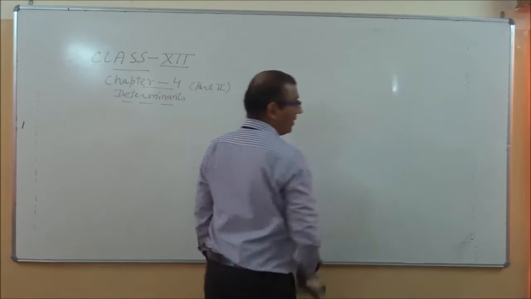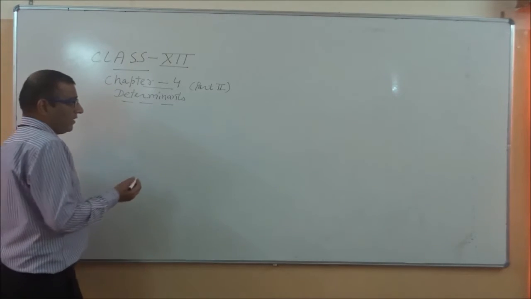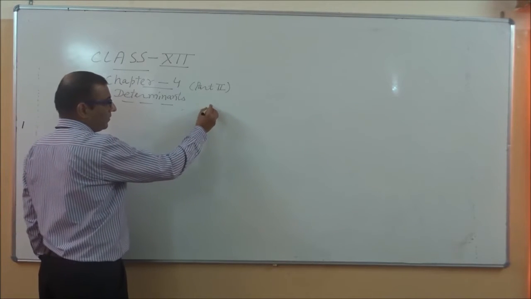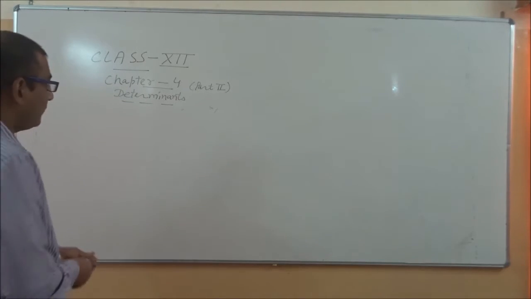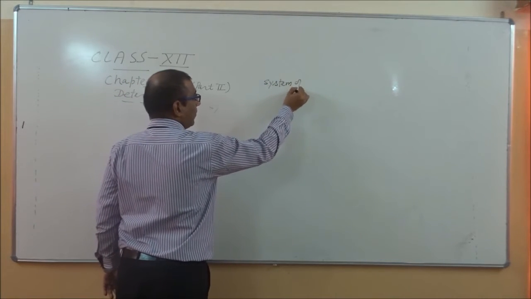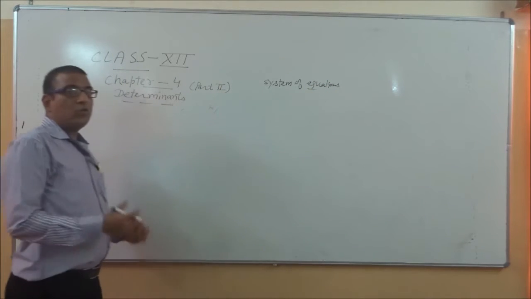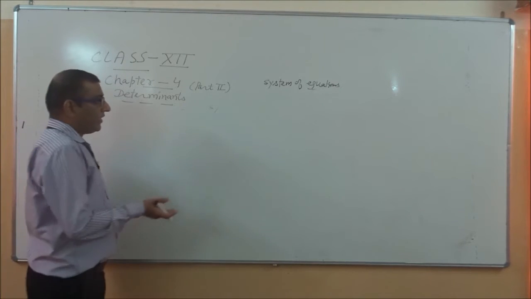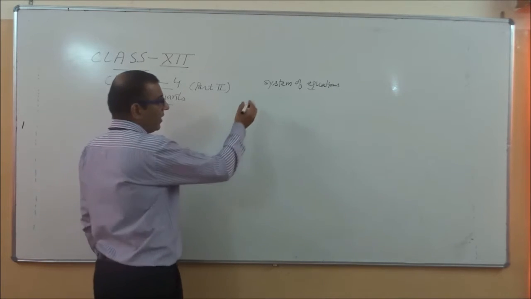As you know very well, A inverse is equal to adjoint A upon determinant A. So how can we apply it? Take a system of equations. System of equations means I will take 2 or 3 equations, or more than 1 equation, and see how we solve the question related to A inverse.